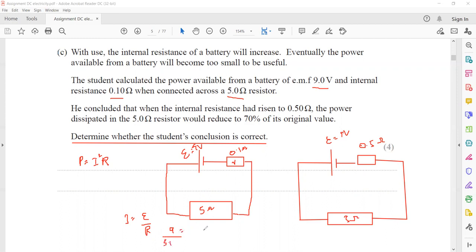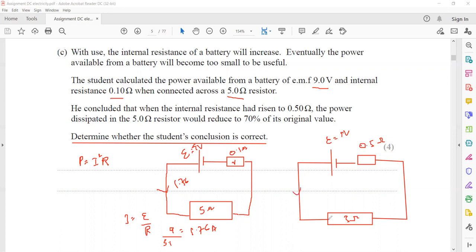This will be 9 divided by 5.1, which is equal to 1.76. So 1.76 ampere is the current in this circuit.